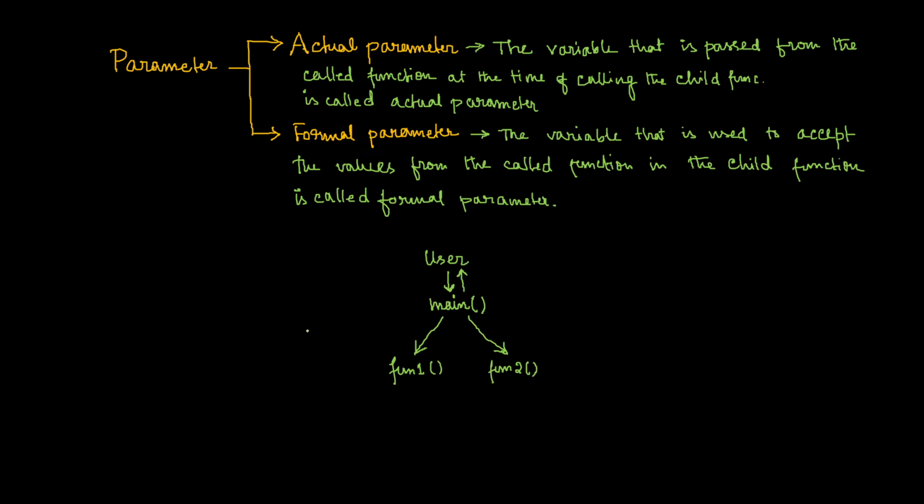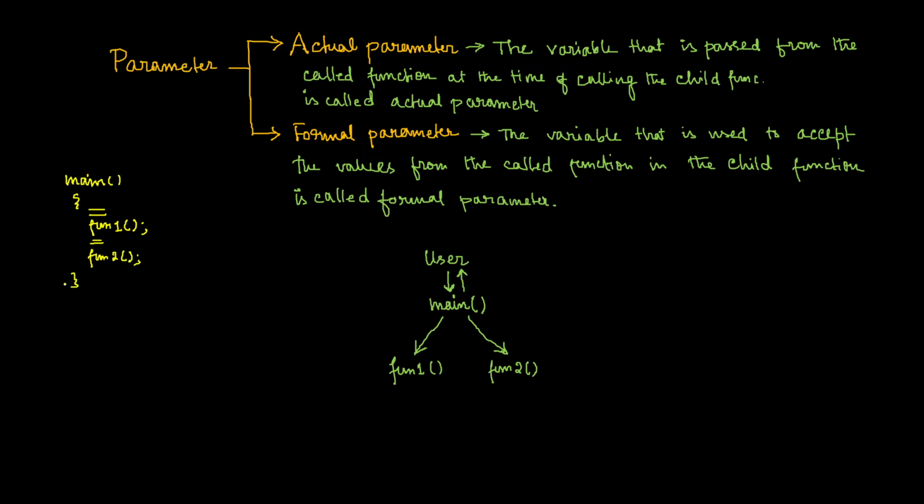How? Let's write a very simple example code. For example, I have written a main function here, and within the main function I have some lines, and here I have called the fun1 function. And some other lines here, and then here I call the fun2 function. Something like this.